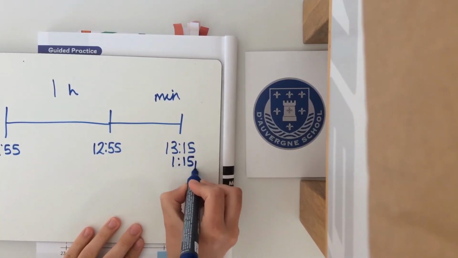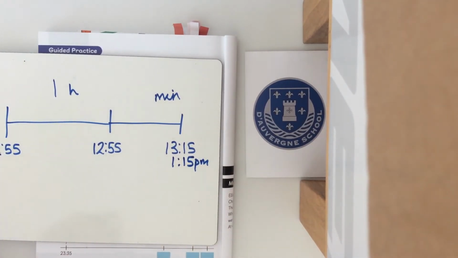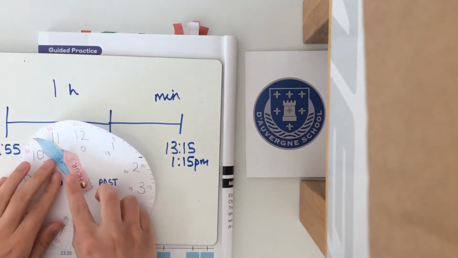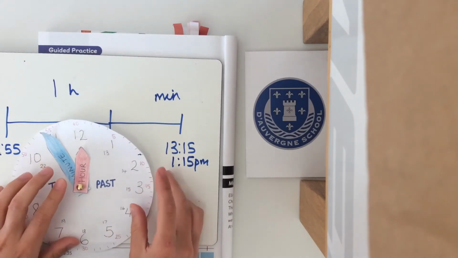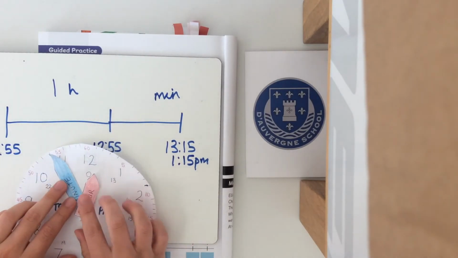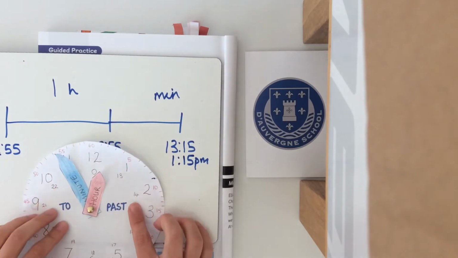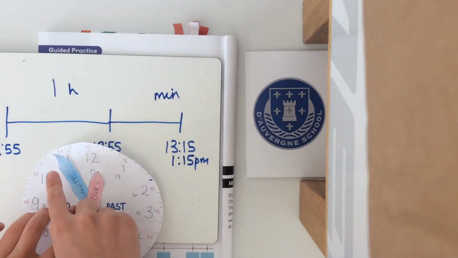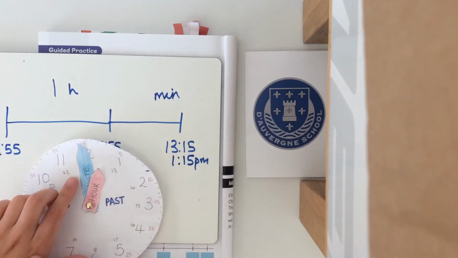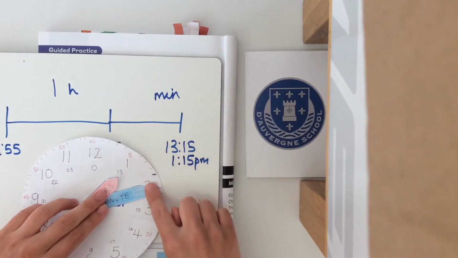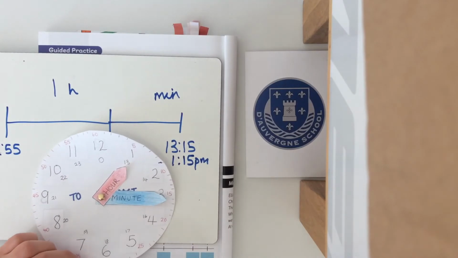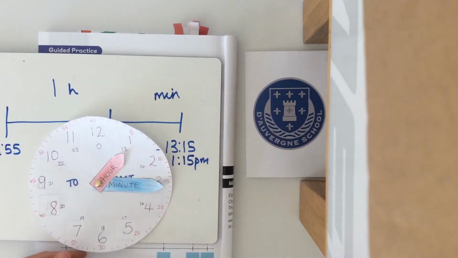Well done if you said 1:15 p.m. So if I'm at 12:55 on my clock and I need to get to 1:15, there's 12:55, not 11:55. And I need to get to 1:15, I'm going to do 5, takes me to 1 o'clock, 10, 15, 20. It's 20 minutes until we get to 1:15.